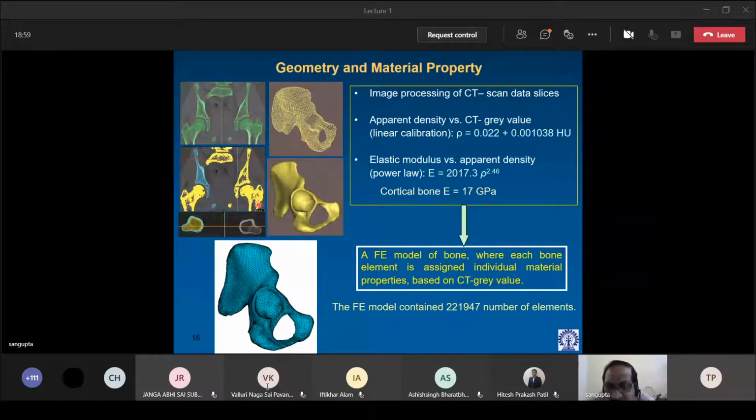Once we have the average CT gray value, we can find the apparent density and the elastic modulus, and assign each element individual material properties. So this is a finite element model where each bone element is assigned individual material properties based on CT gray value. For this model, we have about 222,000 elements.